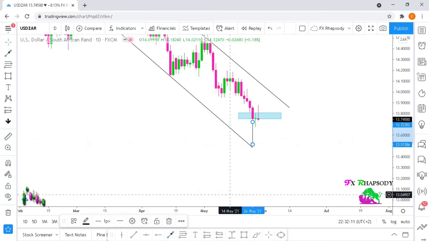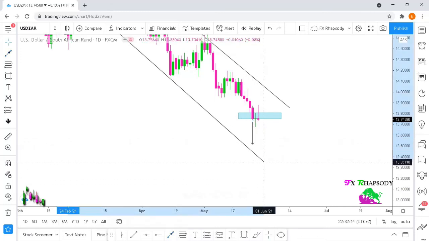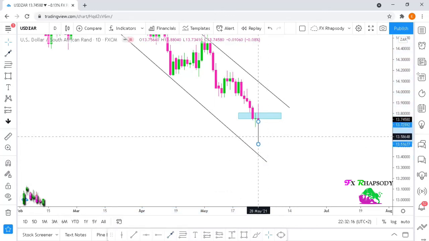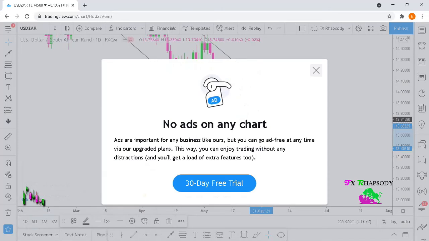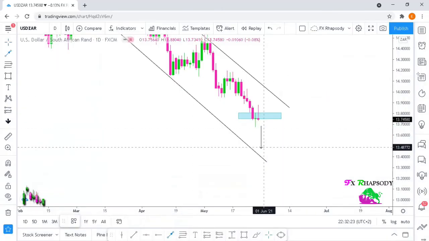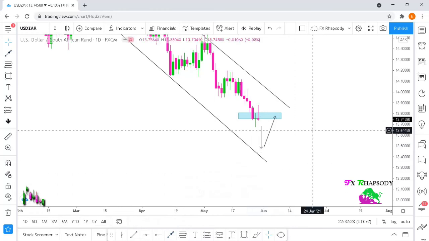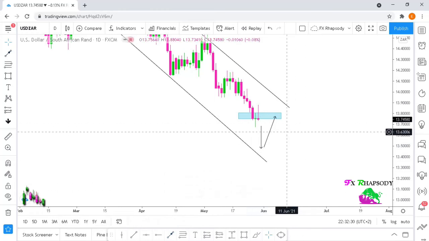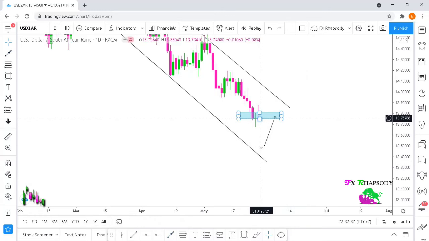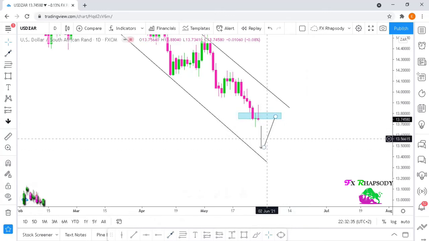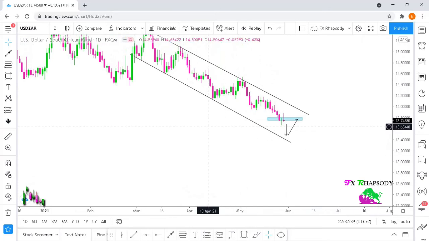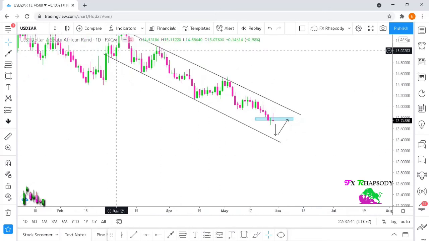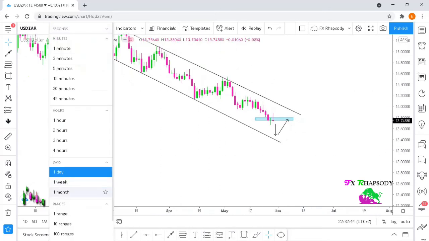Then when it gets close to that trend line, I expect the rand to come back and retest that area, and after that we will have to see what happens. So what I'm seeing is a bit of a sell in the next week before the rand starts pushing up again. Let's keep an eye on that, also bearing in mind it's the end of the month, so anything can happen.